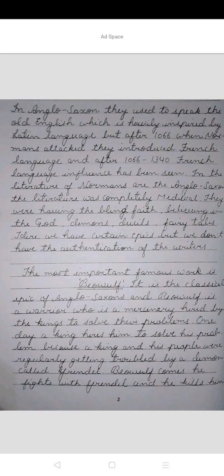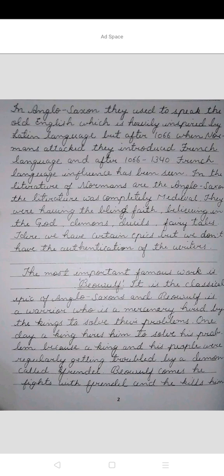In Anglo-Saxon, they used to speak Old English, which is heavily inspired by the Latin language. But after 1066, when Normans attacked, they introduced the French language. And from 1066 to 1340, French influence has been seen in the literature of the Normans and the Anglo-Saxons.